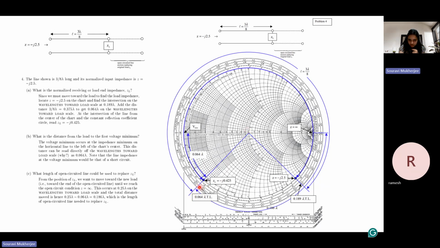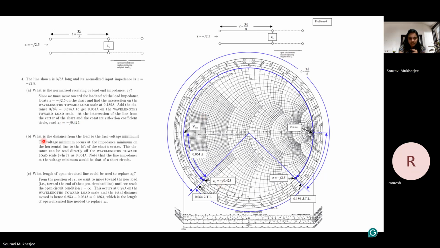You don't have to draw new circles here because it's a purely reactive load, there is no resistive part. Wherever it intersects at this point will give you the value of the impedance at the load end. That is your value for the first part of the question.